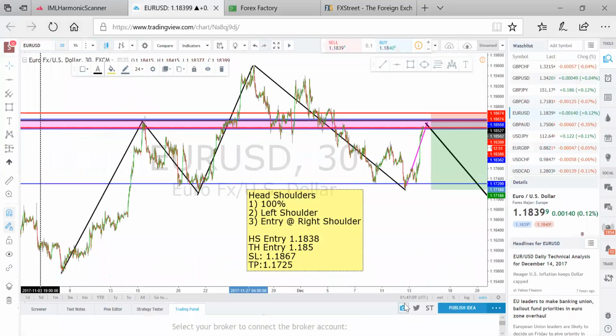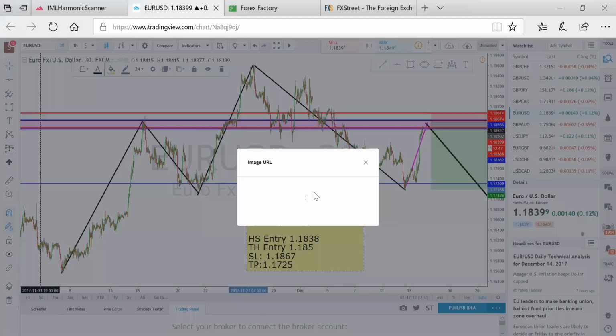And for those who have their laptops or who are on their phones, feel free to put it in the chat room, in the groups. Right, guys, again, this is a trade straight from the harmonic scanner.